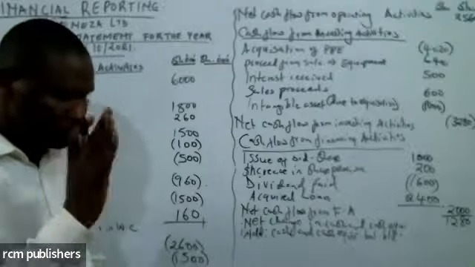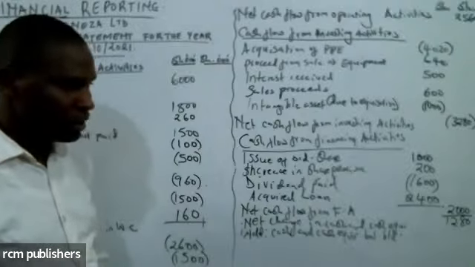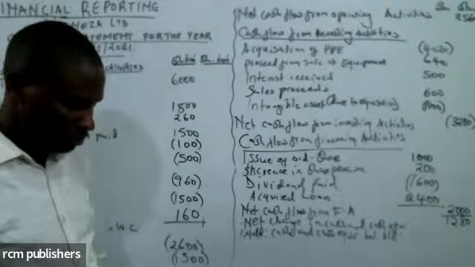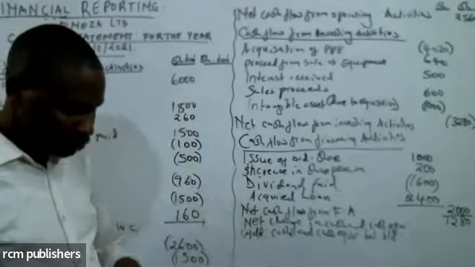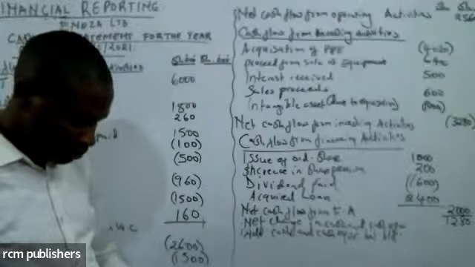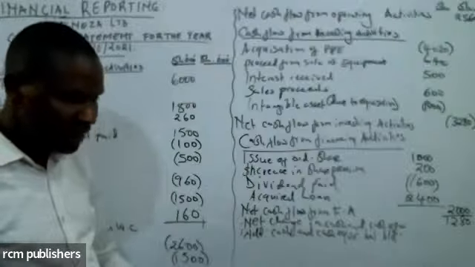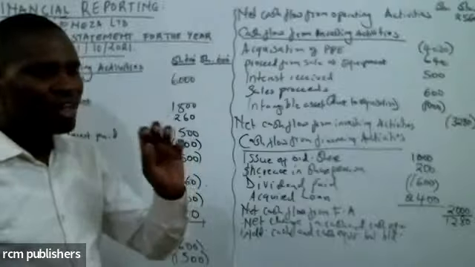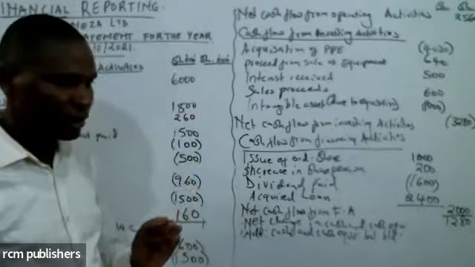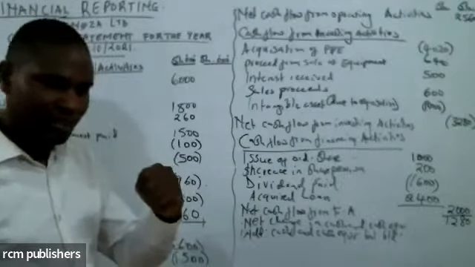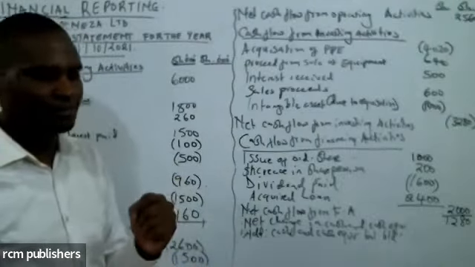Under brought down for 2020, I have short-term investment of 0 and cash in hand of 20. So whatever I have under the balance brought down section is 0 plus 20 for the current assets.